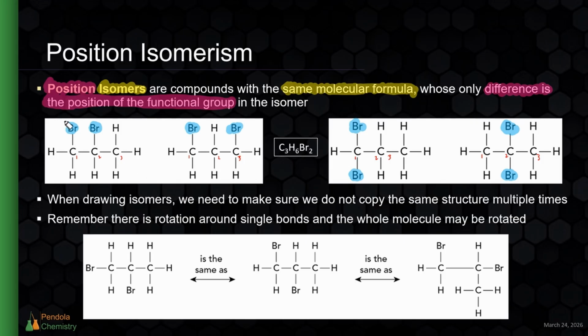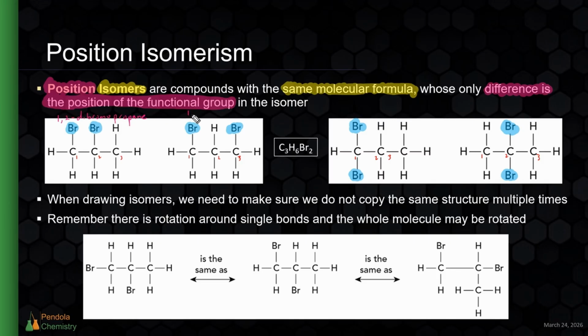Let me change the size of this marker. So the first one would be 1,2 dibromopropane, because we have the 2 bromines, dibromo, in the first and second carbon, and it's propane because we have 3 carbons.